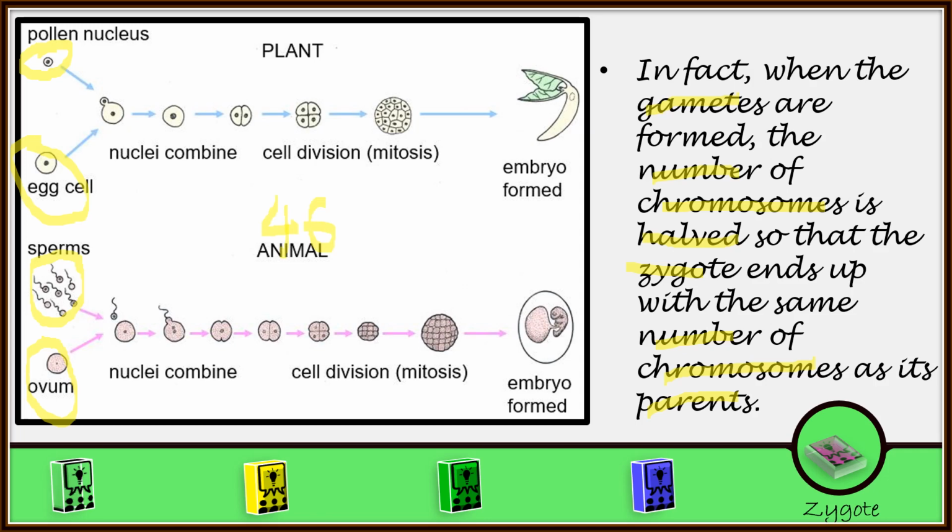When the sperms are formed, they will have 23 chromosomes, and even the ovum will have 23 chromosomes. So that when fertilization takes place, 23 and 23 will combine, and the cell will have now 46 chromosomes, which is the same number as the parent. So during gamete formation, the number of chromosomes is halved in the gametes.